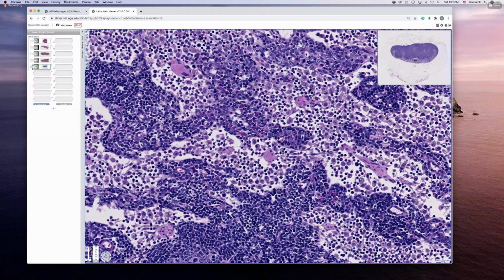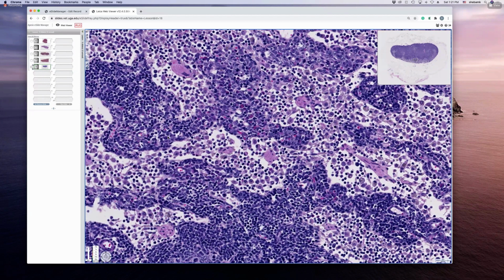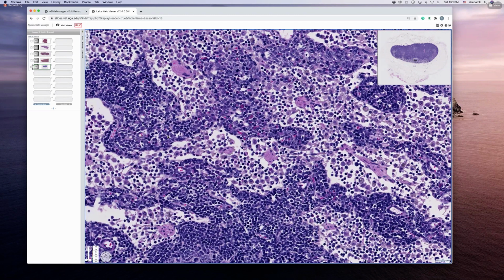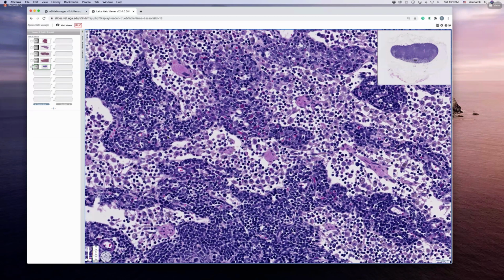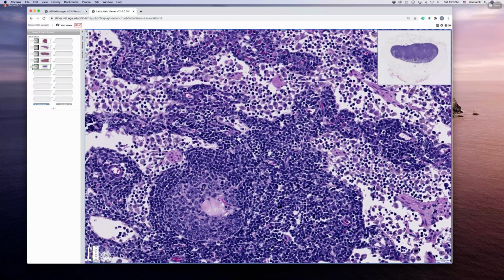See, like this guy here, purple looking with like eyeliner kind of a nucleus. So all those guys are called, like that one there. Those are all plasma cells, okay?